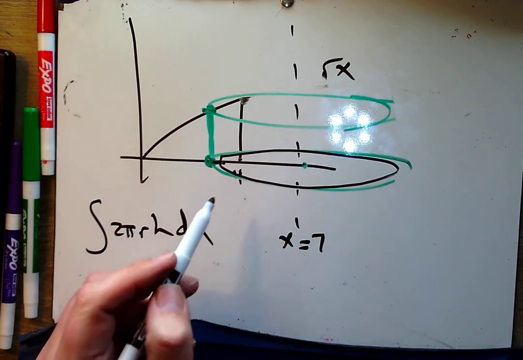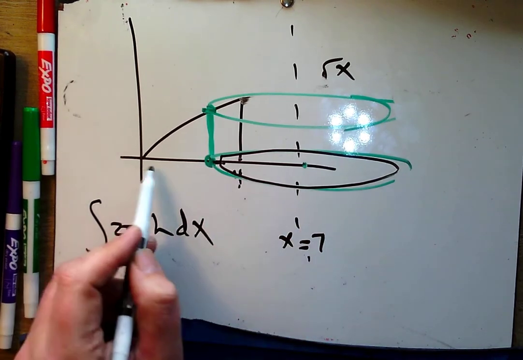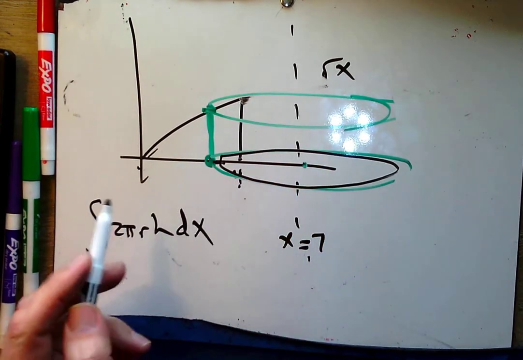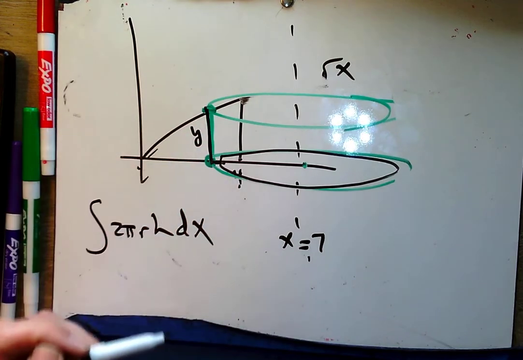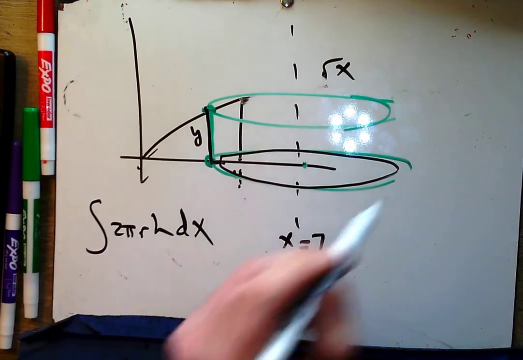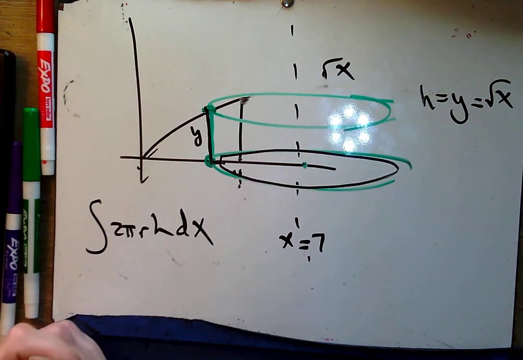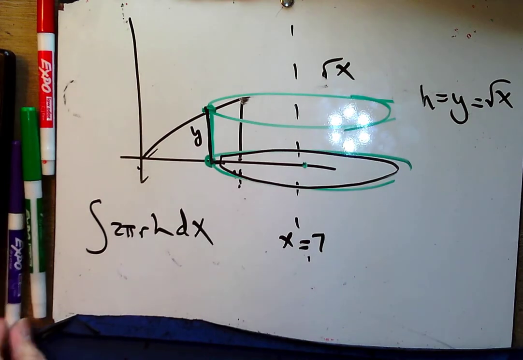We have cylindrical shells. We know this is 7, this is 4, this is 0, and we know this curve is y equals square root of x. It looks to me like the height of this shell is my y value, which equals square root of x. The only other thing we need is the radius.